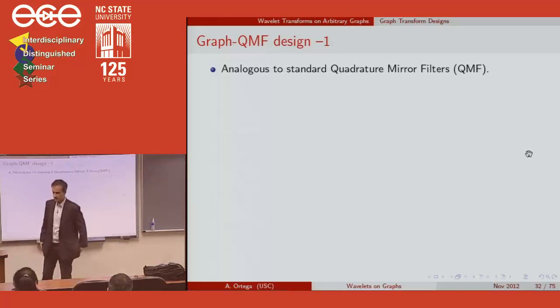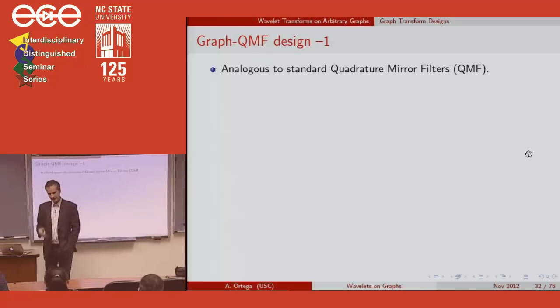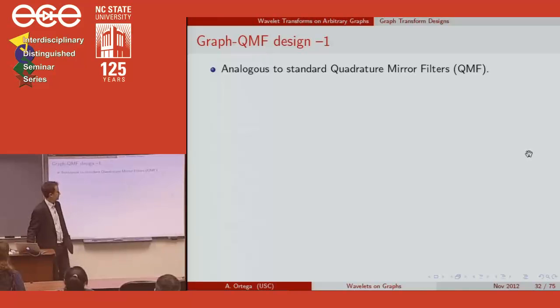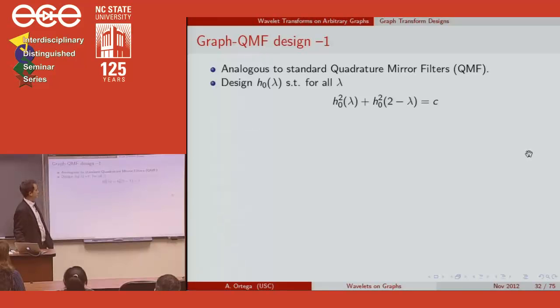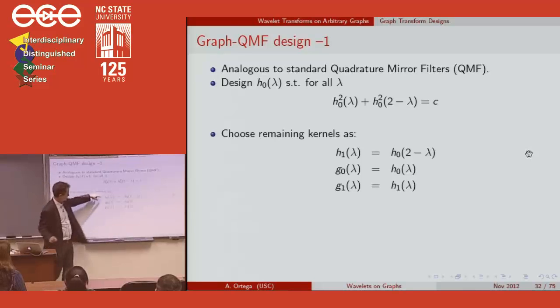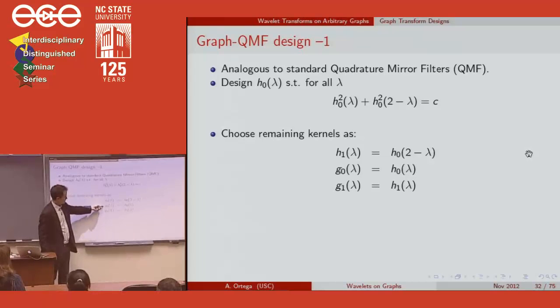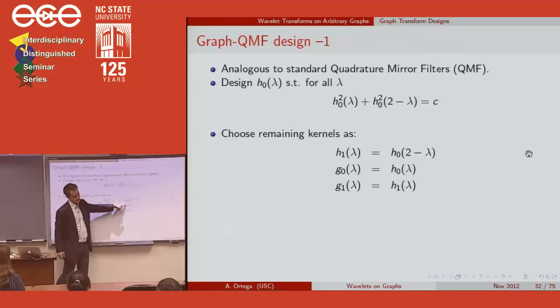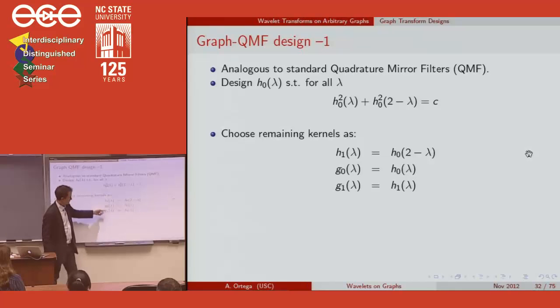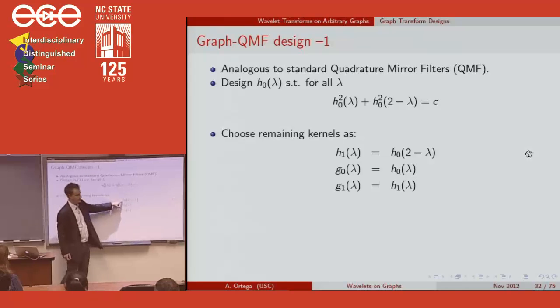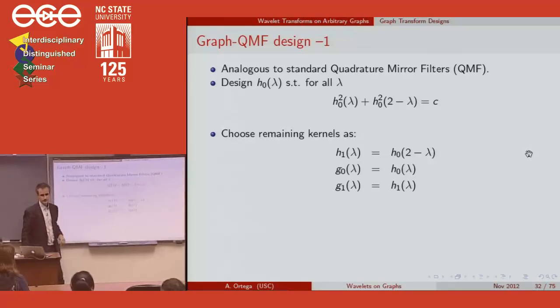We call this graph QMF, in analogy to the quadrature mirror filter approach for standard filter banks. The idea would be to select the low pass synthesis as the same as the low pass analysis, and the high pass synthesis the same as the high pass analysis. And then basically the high pass analysis is just a frequency shifted version of the low pass.